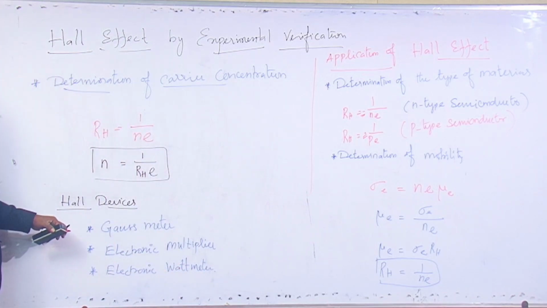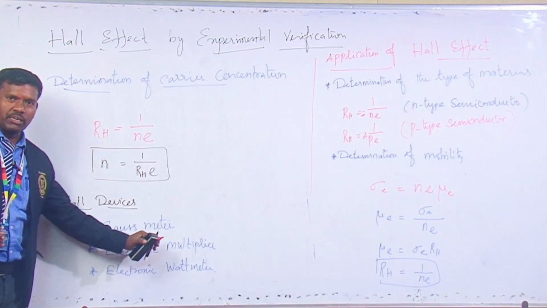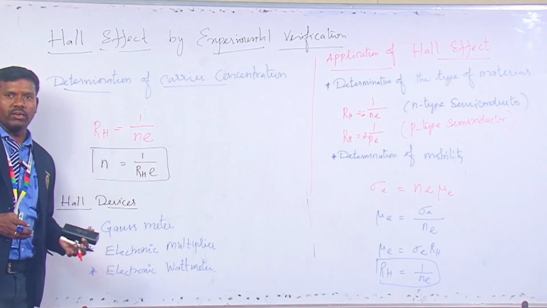So these are some of the Hall devices: Gauss meter, electronic multiplier, and electronic wattmeter.